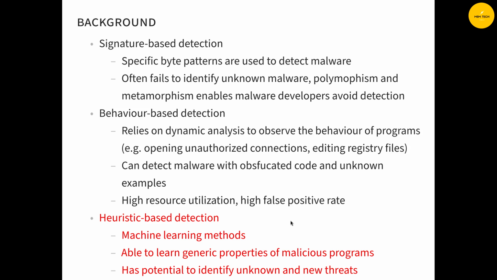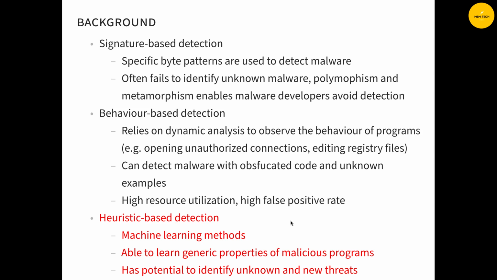There's also behavior-based detection, which uses dynamic analysis and observes how the application is working. So it looks for things like unauthorized connections, editing files, editing registries, and so on. And this can then detect code if it's been obfuscated. It doesn't rely on specific byte patterns. It's looking for things the application does.